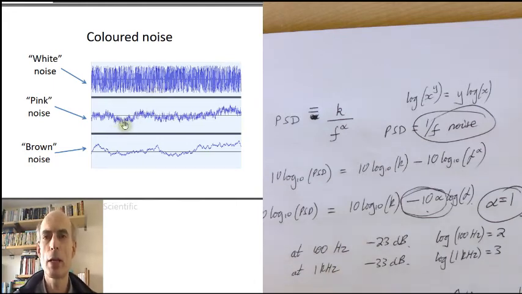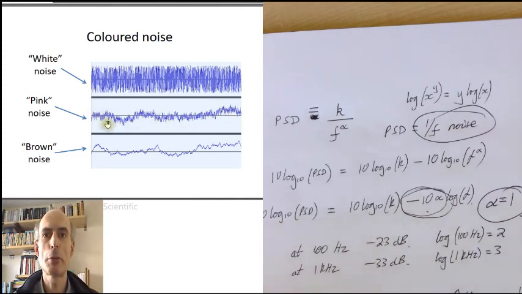Pink noise, however, has a correlation between two adjacent samples. If one sample is a particularly low value of noise, the next sample is more likely to be a low value as well. And if one sample has a higher than average value, the next sample is likely to have a higher than average value as well.